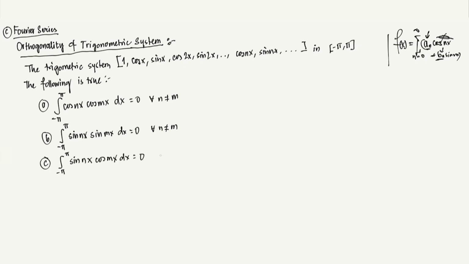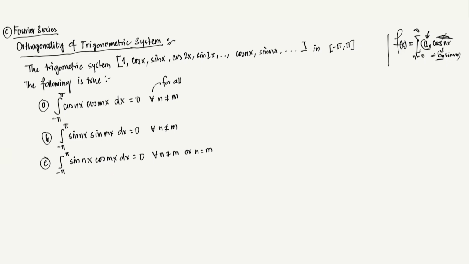This holds for all n not equal to m, or n equal to m. So in this case it does not matter whether n equals m or not. For any case, if you have the combination of sine nx and cosine mx and do that integral, it is going to be 0.